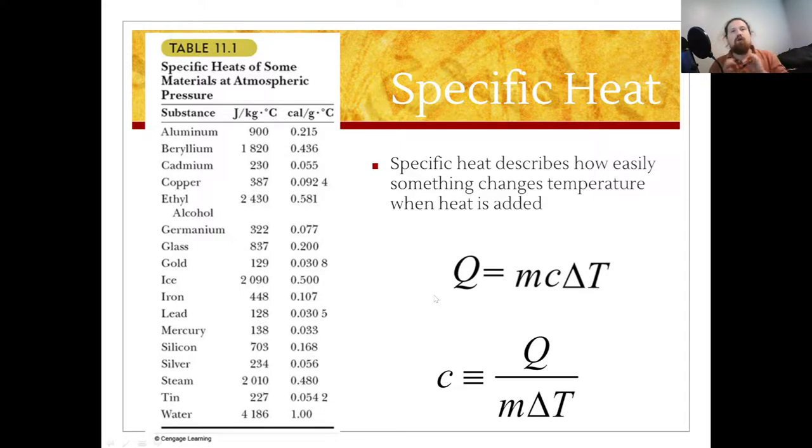Q is thermal energy. And in this formula, that's going to represent the amount of thermal energy that an object is gaining, or alternatively, the amount of thermal energy that an object is losing. So Q will represent change in thermal energy in this formula. Thermal energy is a form of energy, therefore it's measured in joules, like all the energy types we've dealt with so far.